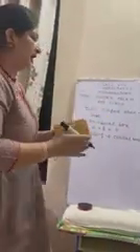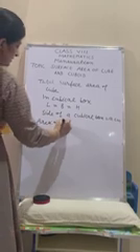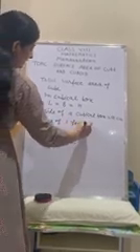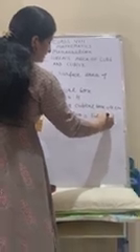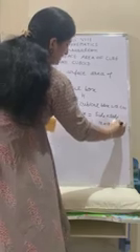Here are 6 faces, and the area of one face is side multiplied by side, because each face is of square type. Then the area of one face is side multiplied by side, which means a multiplied by a, which is a square.